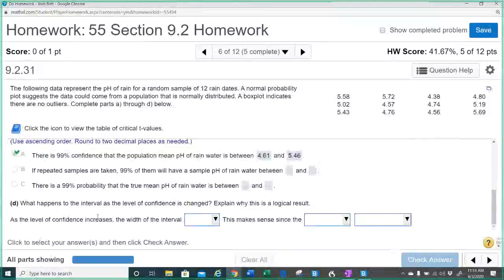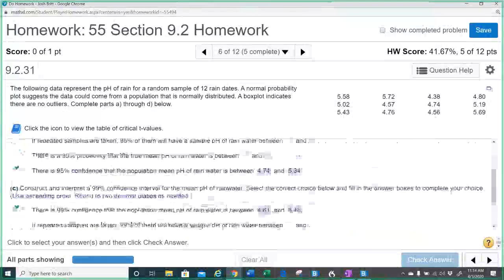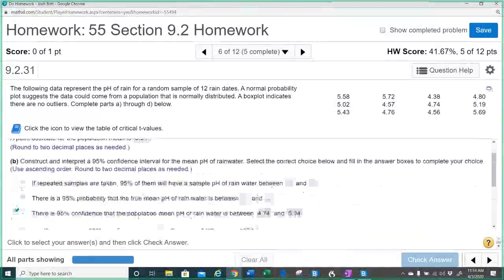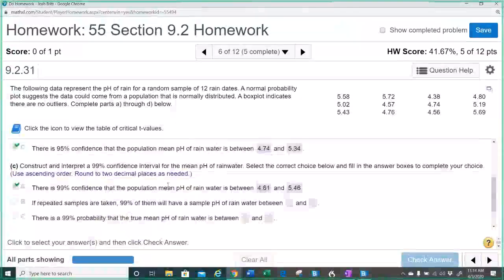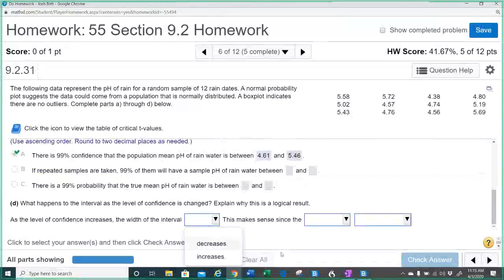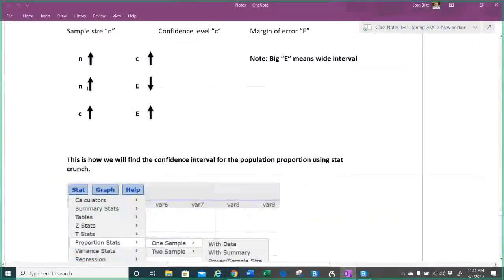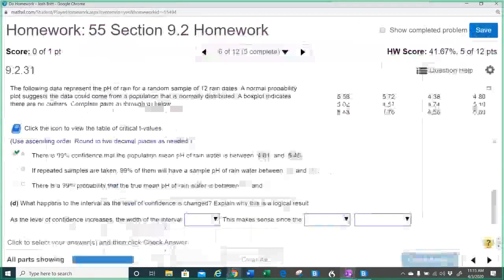Okay, what happens to the interval as the level of confidence is changed? Here you can just look as the level of confidence went from 95 up to 99. Remember, as level of confidence goes up, the margin of error goes up, which makes the width go up.